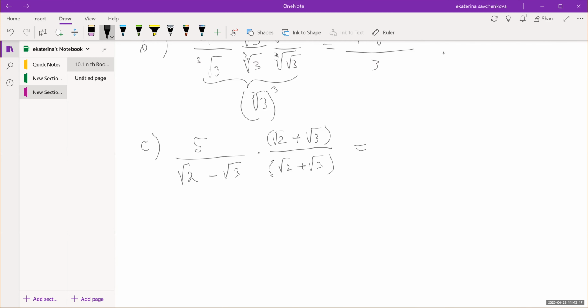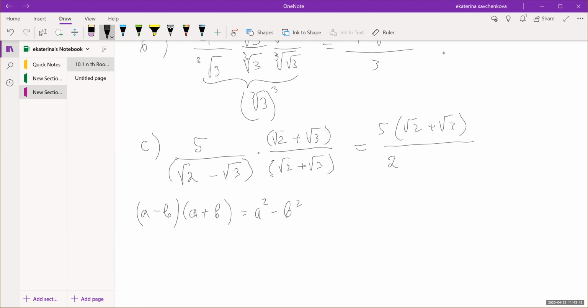So why is this going to help us? If you recall the formula from section 8.1, that's (a minus b)(a plus b), it's supposed to be equal a squared minus b squared. How it's helpful? Well, I'm going to copy numerator. Numerator is not going to change. But in denominator, I square this, and when I square a square root of 2, I'm going to just get 2, right?